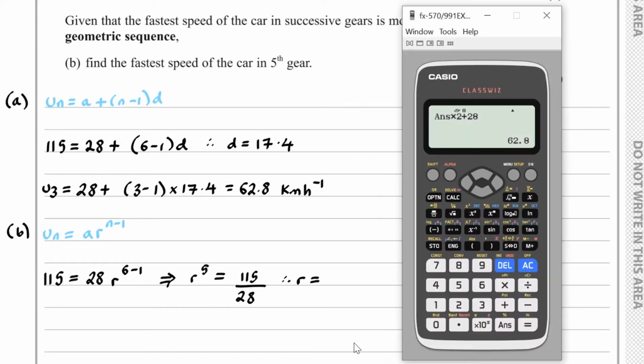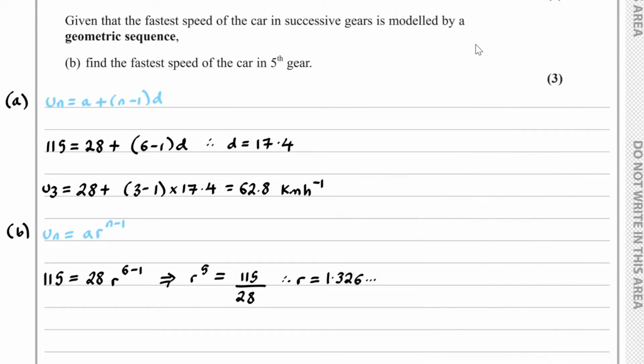So if we work out the value of r, we have 115 divided by 28, and if we take the fifth root of this, we come out with a value of 1.326, etc. So let's just store this value into our calculator.